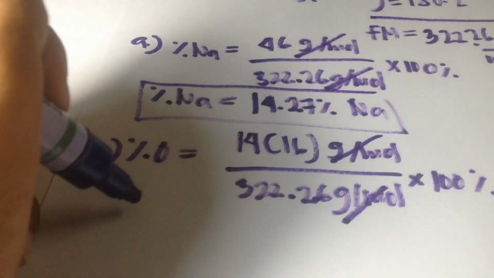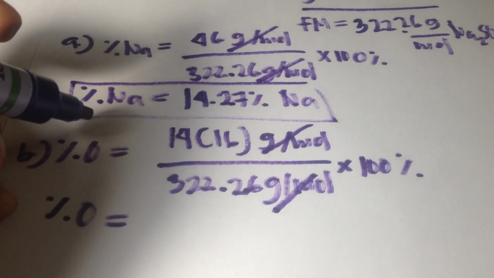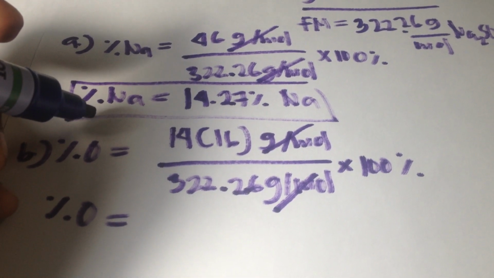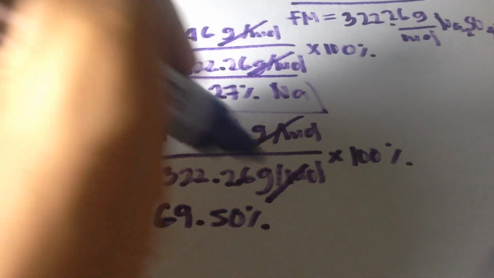So cancel out grams per mole. Percent of O is 14 times 16 over 322.26 times 100, which is 69.50% of oxygen.